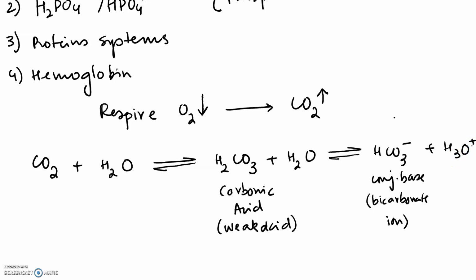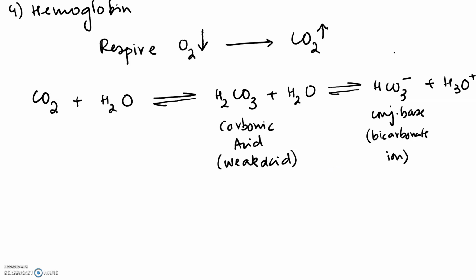Now if the carbon dioxide level goes up, Le Chatelier's principle states that the equilibrium moves to the right. So you have more H2CO3 forming, which creates more HCO3 minus. Usually the HCO3 minus buffers it, but if the carbon dioxide is uncontrolled, there's too much for this system to work properly.